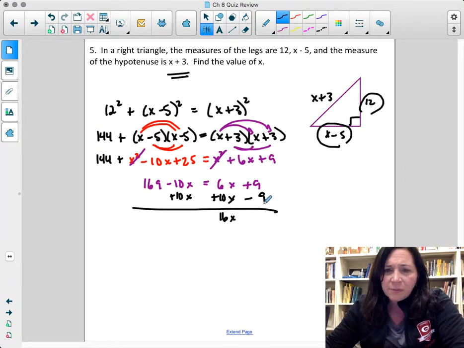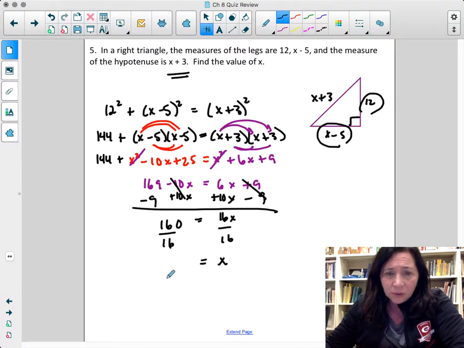I'm also going to subtract 9 from both sides to get rid of that 9 on the right. So these cancel, those cancel. 169 minus 9 is 160. I'm going to divide both sides by 16, and I get x is equal to 10. Okay, so that's my value of x.